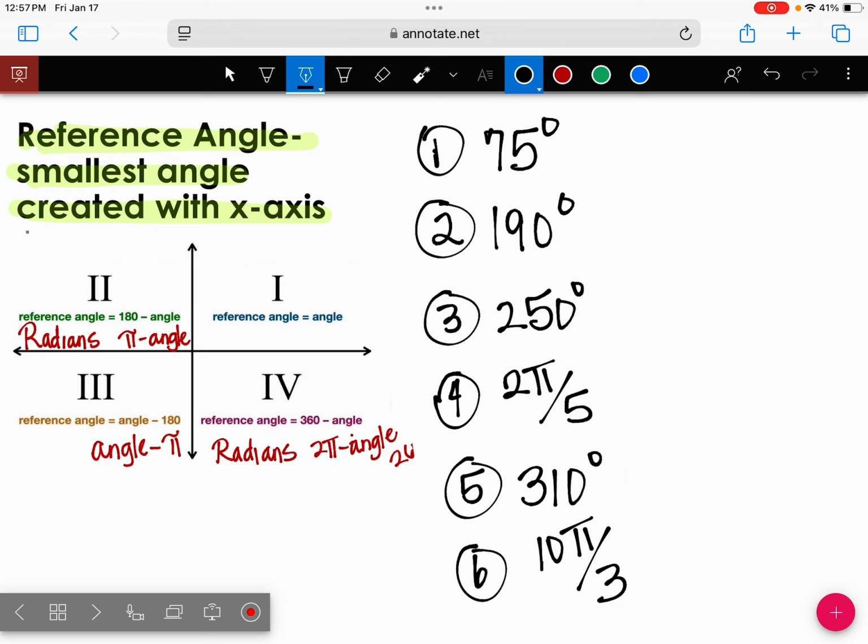So these are the 6 angles that we're going to find the reference angles for.